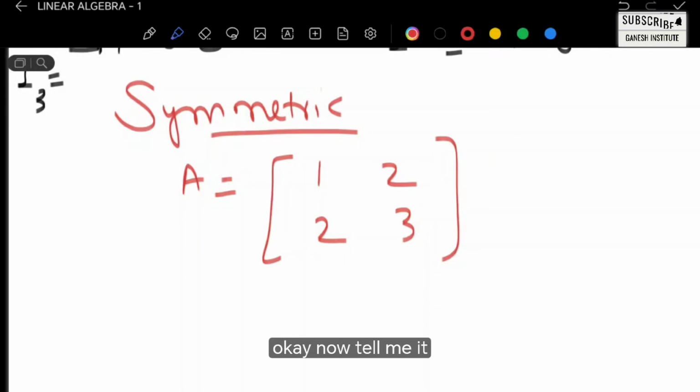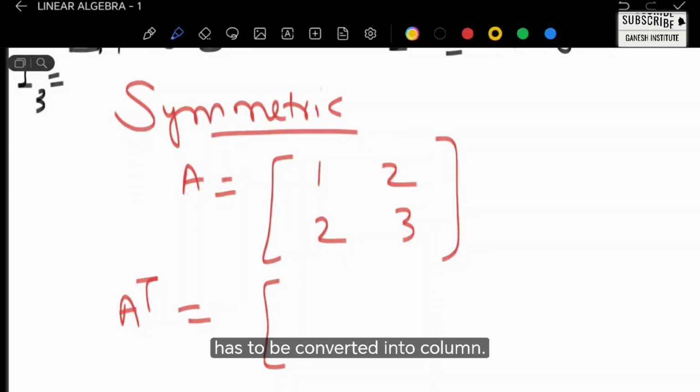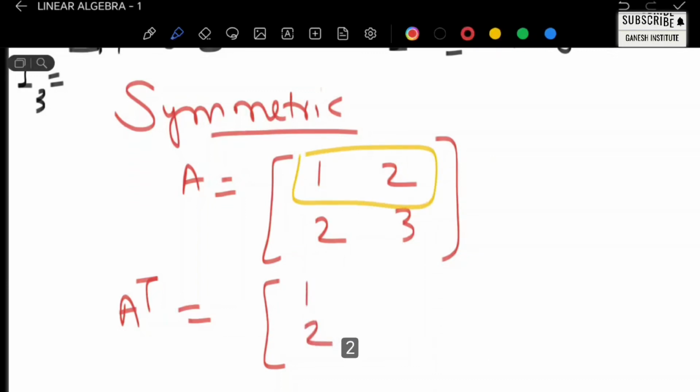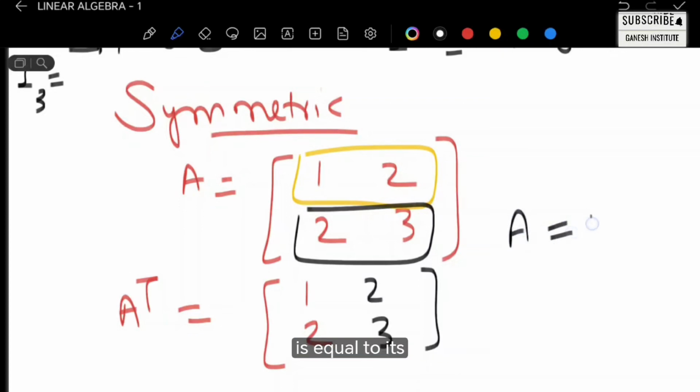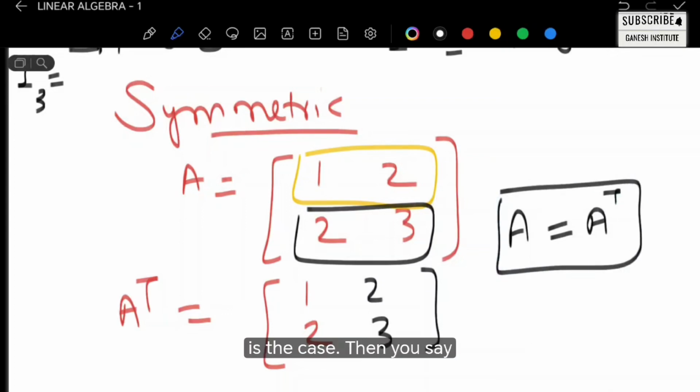Okay, now tell me its transpose. Row has to be converted into column. So 1, 2. Second row, second column. So can you see the matrix is equal to its transpose? When it is the case, then you say that it is a symmetric matrix. Okay.